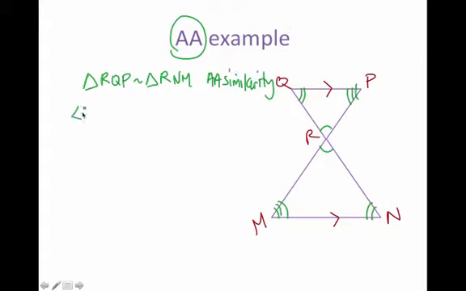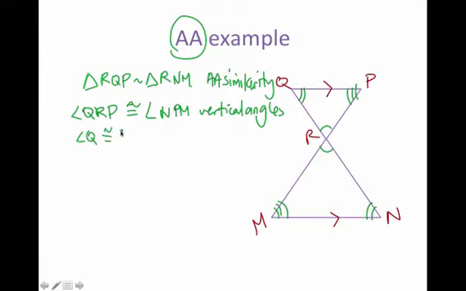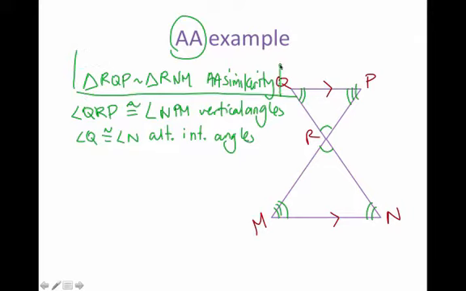I know that angle QRP is congruent to angle NPM because they're vertical angles. And then I know that angle Q is congruent to angle N because of alternate interior angles. And that's my reason for saying these two triangles are similar because of angle-angle similarity.